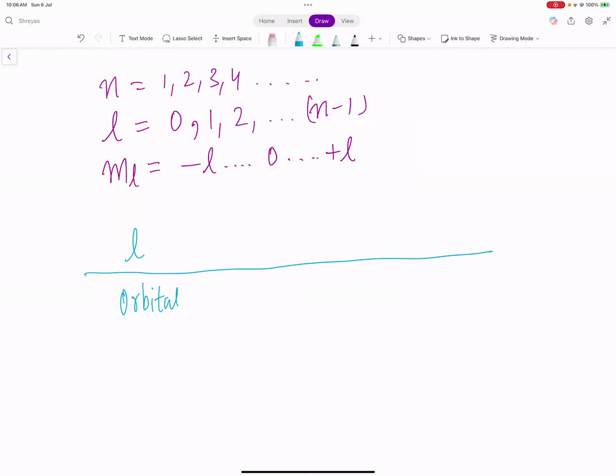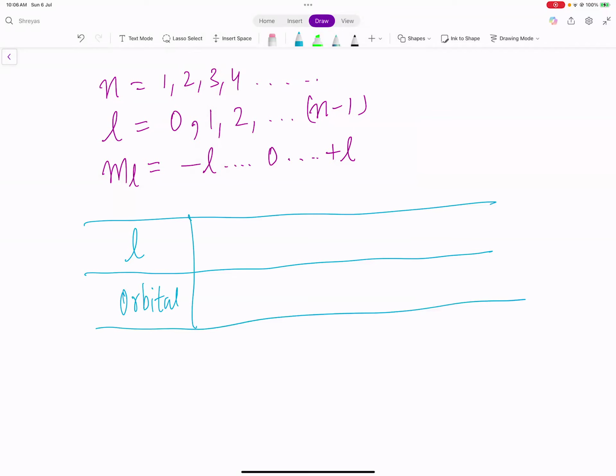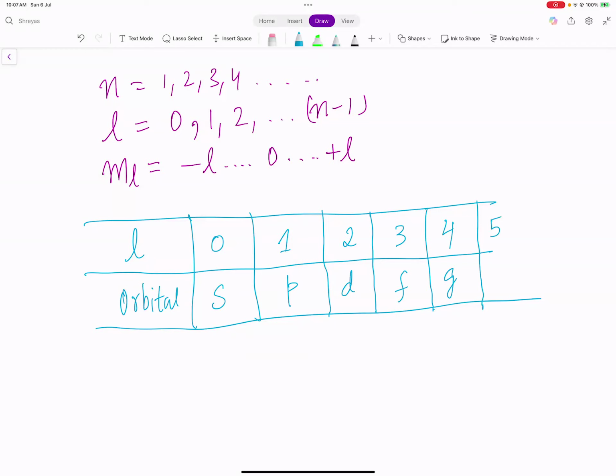So if I have L as 0, orbital is S; 1, P; 2, D; and F; then G. Now the letters continue alphabetically after F, the normal lettering. Got it?